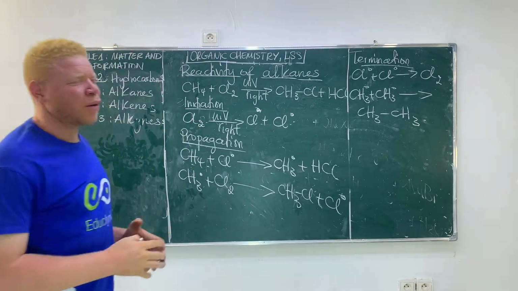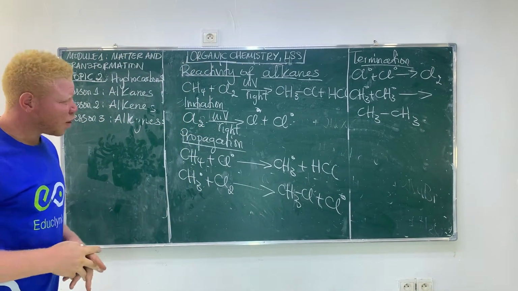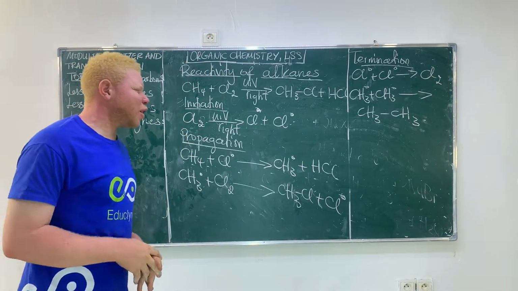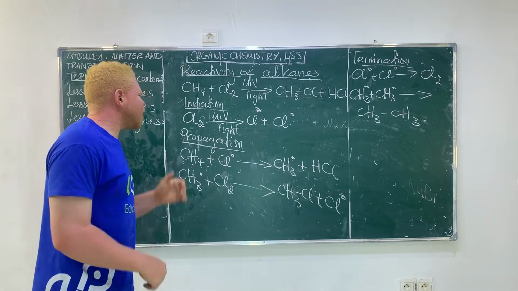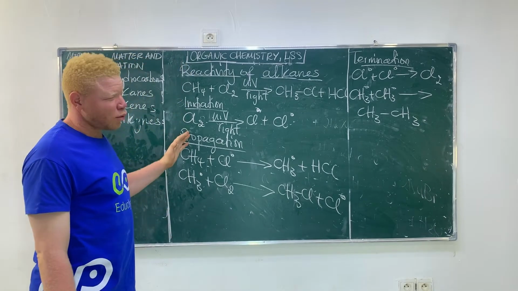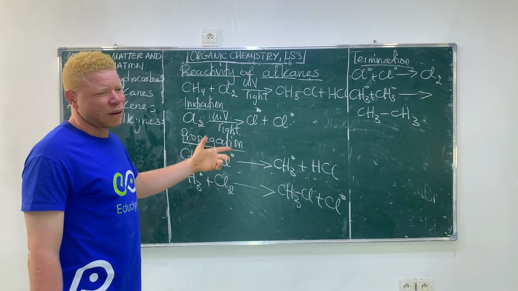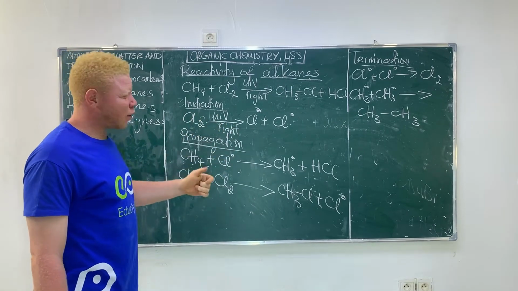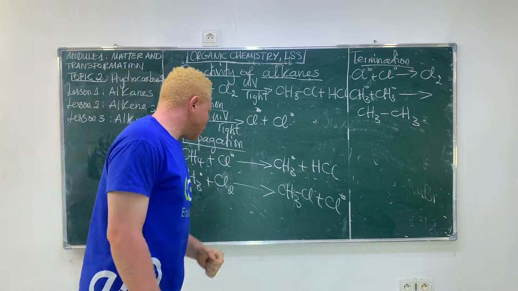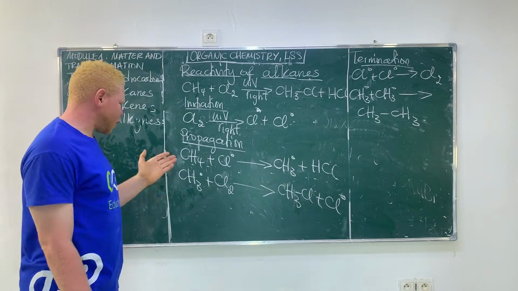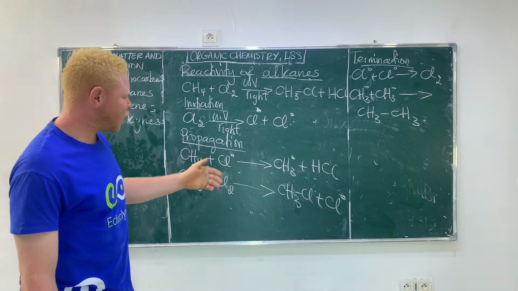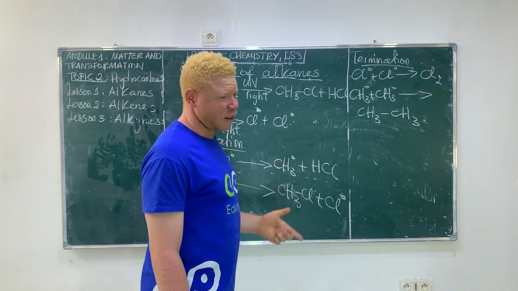Alkanes mostly undergo free radical substitution reaction. So the mechanism of the reaction is on the board. In the initiating step, the Cl2 dissociates under the influence of UV light to give Cl dot plus Cl dot. In the propagation step, we have CH4 plus Cl dot giving CH3 dot plus HCl.